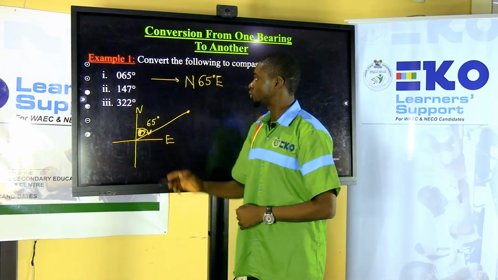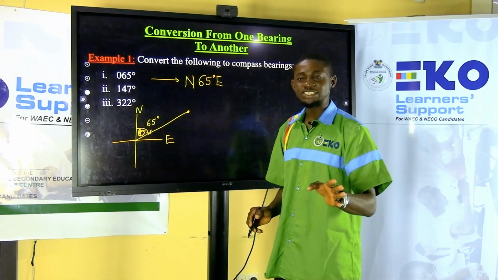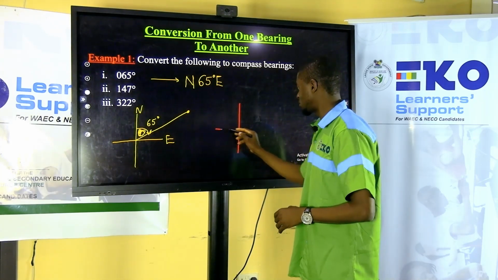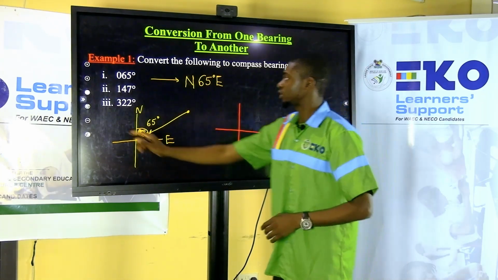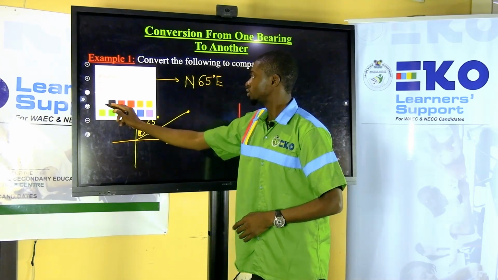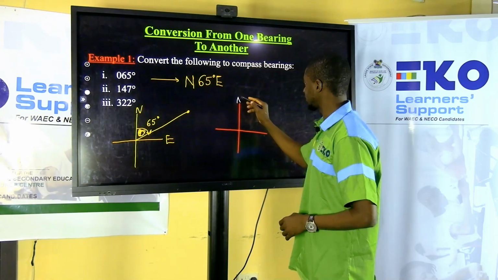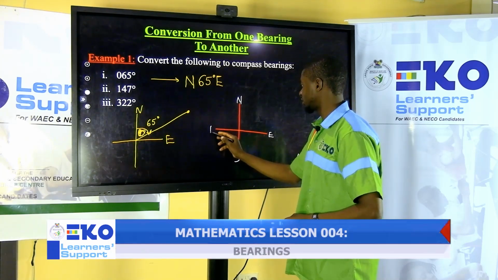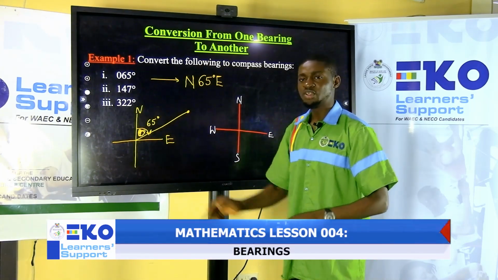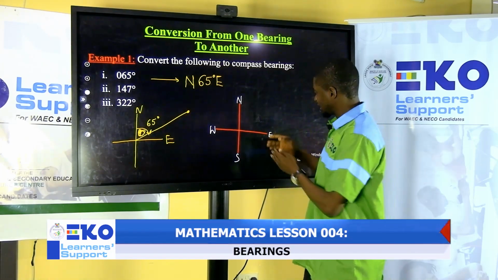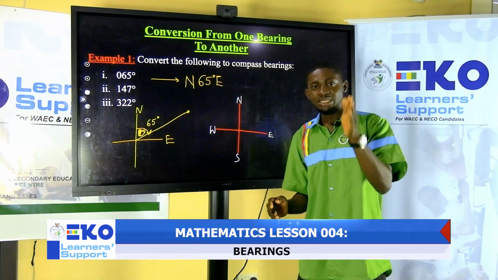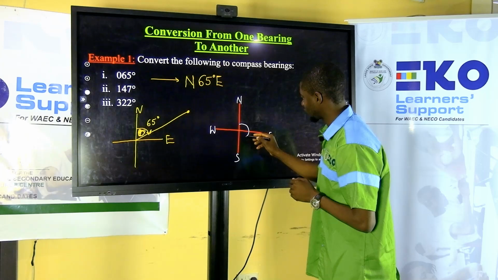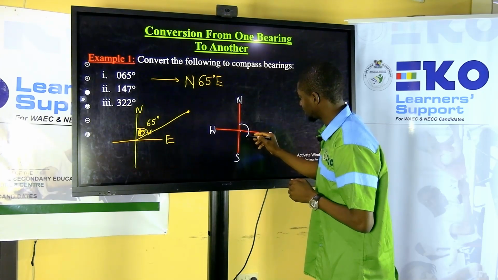Now, example 2, 147 degrees. Let's also learn to draw. That 147 degrees falls where we have north, east, south and west. 147 falls between 90 and 180. So if we take this 90, 147 is somewhere around here.